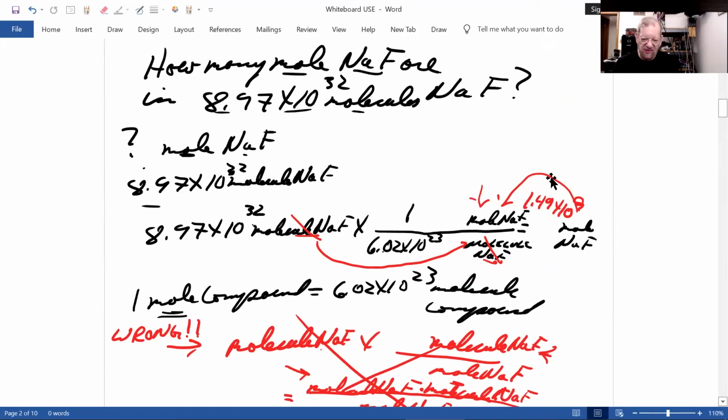Use unit analysis, your good buddy, your good friend. What goes on top of that ratio is what you're trying to get to. What goes underneath is what you're trying to get rid of. Then where do you find something equals something else to put in that ratio? Here in this case, 1 mole of a compound equals Avogadro's number, 6.02 times 10 to the 23rd molecules. You put the numbers in, check your units, do the math, and you're done.